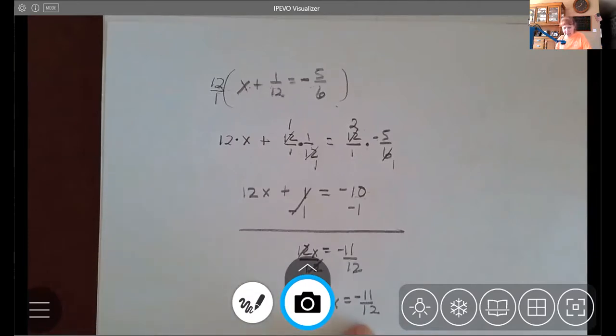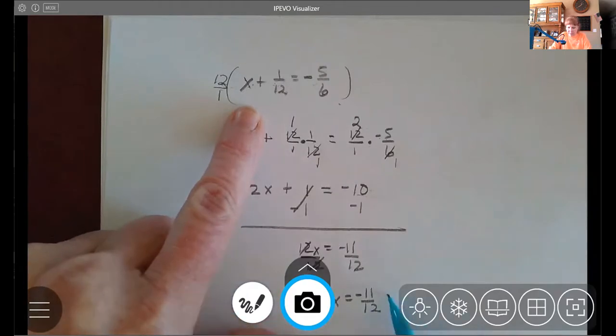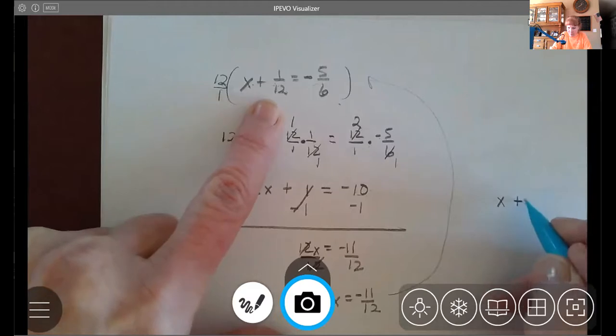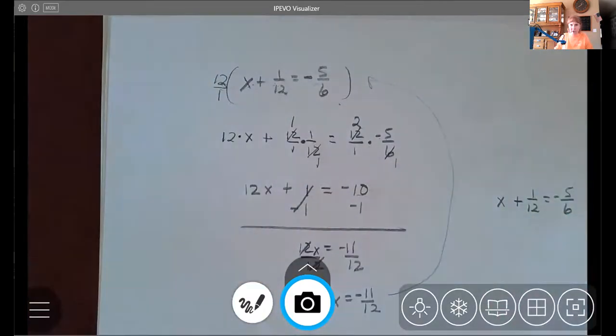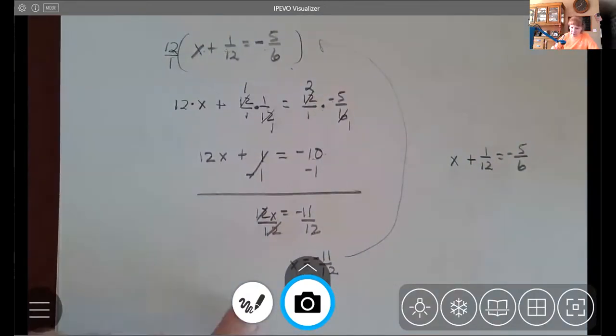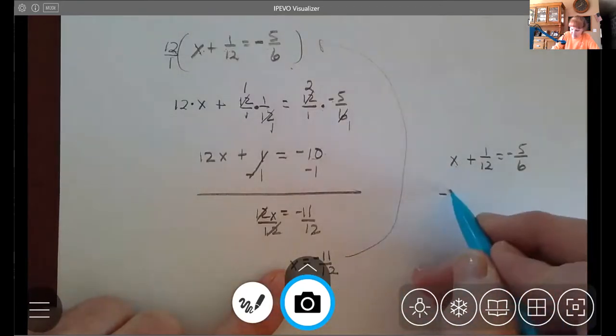And you could put that back in, especially into the original, because you have x plus 1/12. Some of these I may stop checking just because I want to get through all of these here without too much time. But here, put a negative 11/12 in.